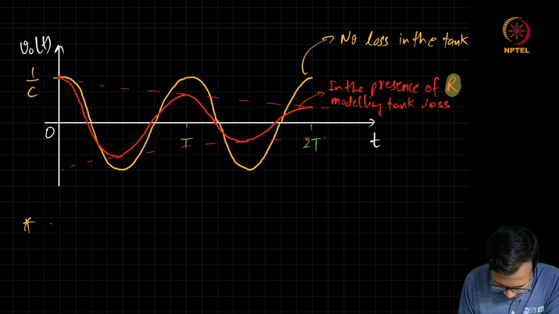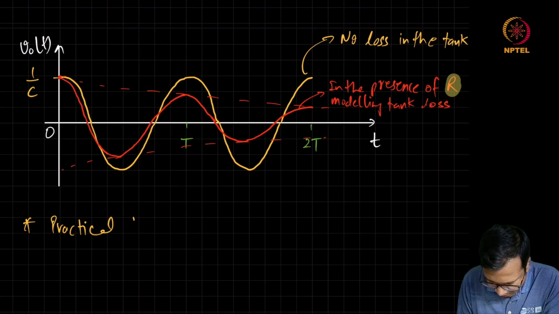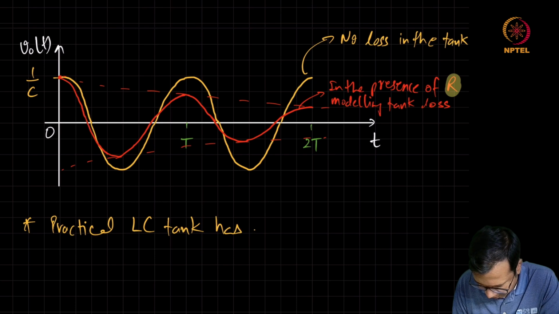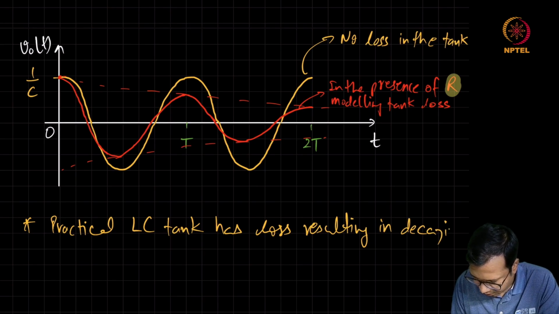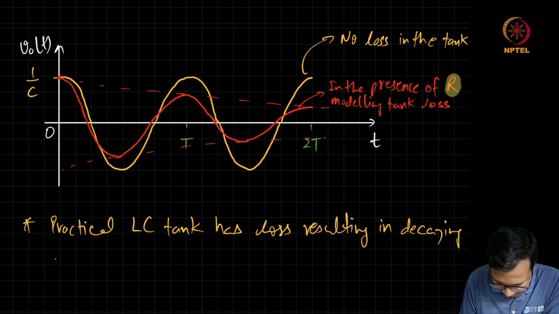So a practical LC tank has loss, resulting in a decaying impulse response.